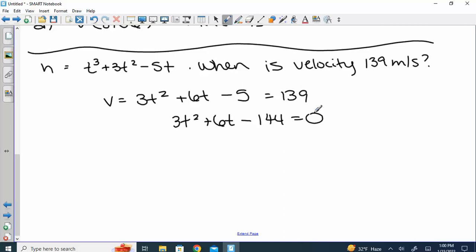What do you do at this point if you're trying to solve? Factor. Yeah, let me factor. Couldn't we divide everything by 3 here? Let's see. 144 divided by 3.